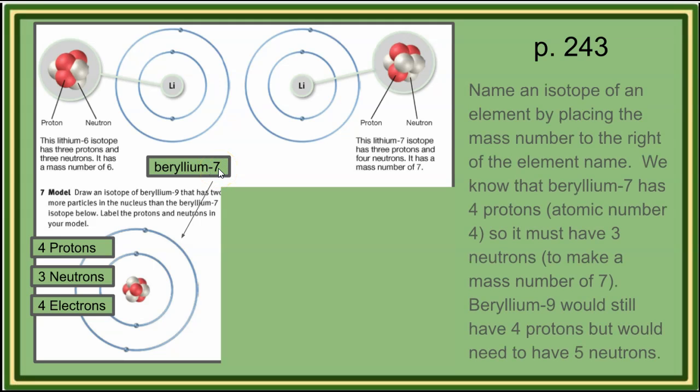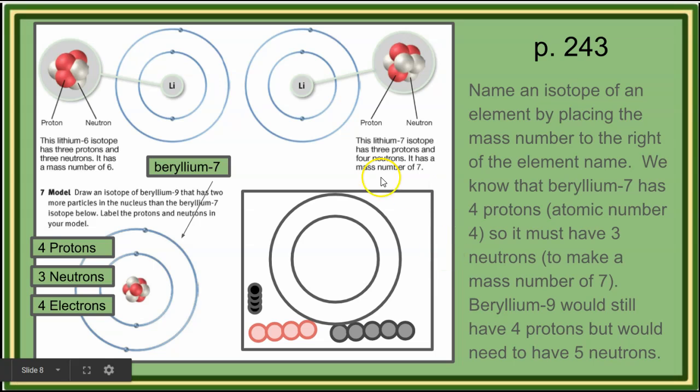The protons and neutrons added together give us the mass number 7. You name an isotope of an element by placing the mass number to the right of the element name. We know that beryllium-7 has 4 protons. Its atomic number is 4, so it must have 3 neutrons to make a mass number of 7. Beryllium-9 would still have 4 protons, but it's going to have 5 neutrons. This is what we have to draw, beryllium-9.